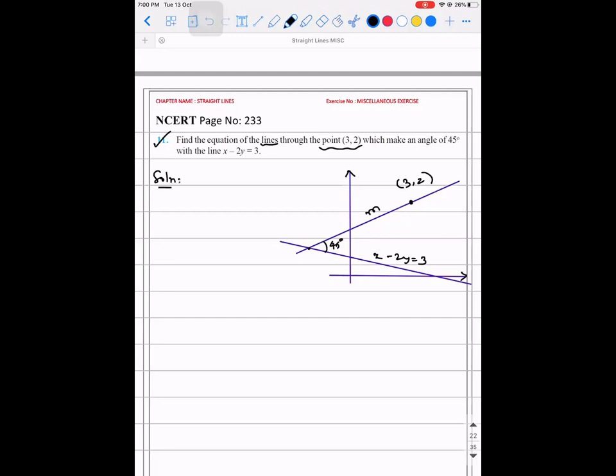I think we have done a similar kind of problem. Let the slope of required line be m. What is the slope of the given line? One by two.